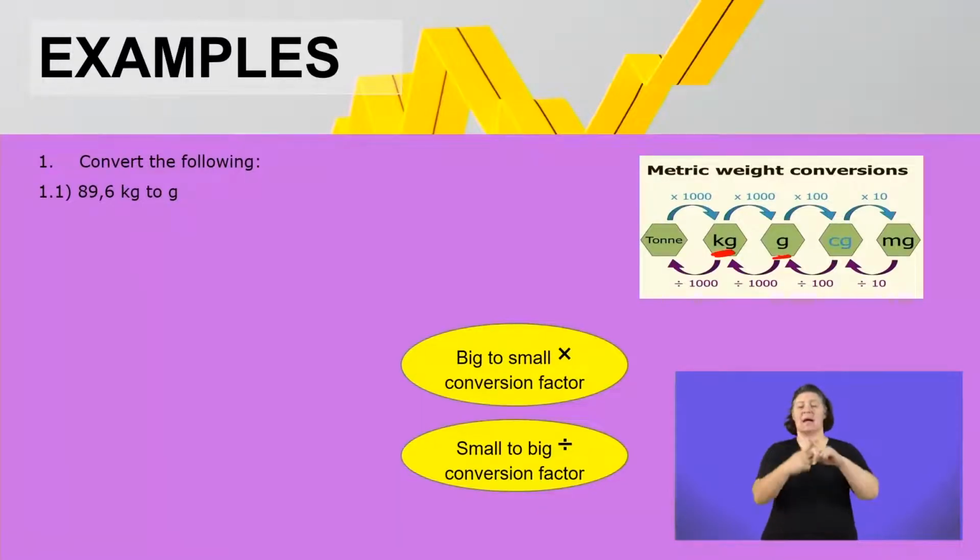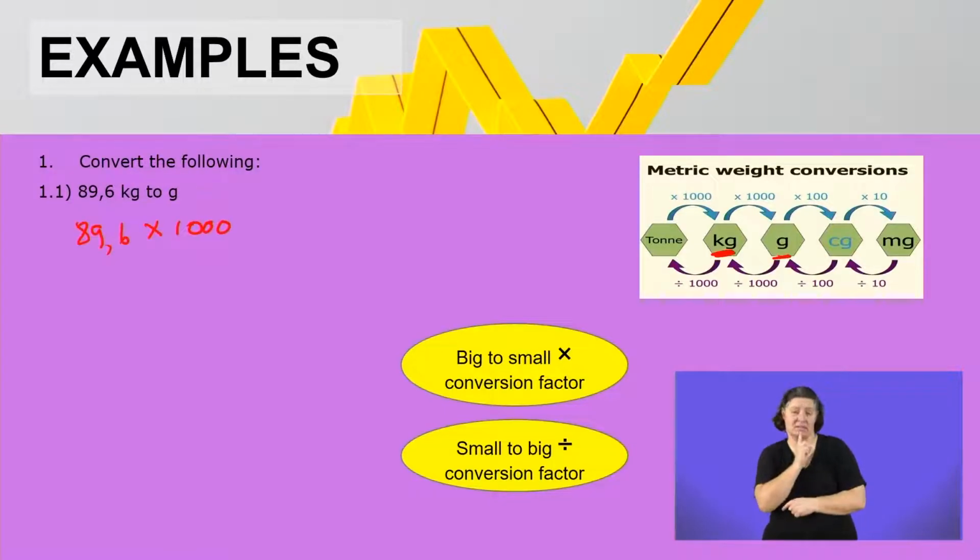I will have to multiply that by 1,000. So I'm going to have 89,6 multiply by 1,000. If I type this in on my calculator, 89.6 multiply by 1,000, that will give us an answer of 89,600. Or you could have moved your decimal 3 spaces to the right as well.